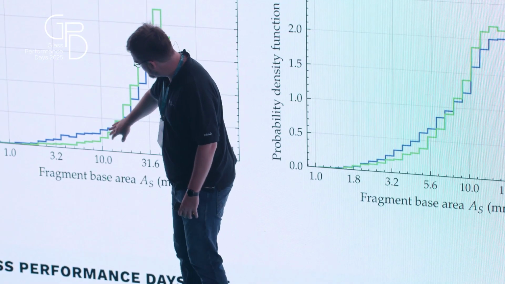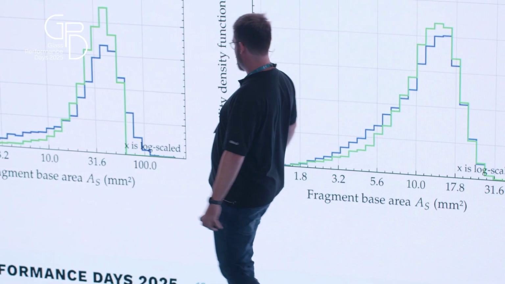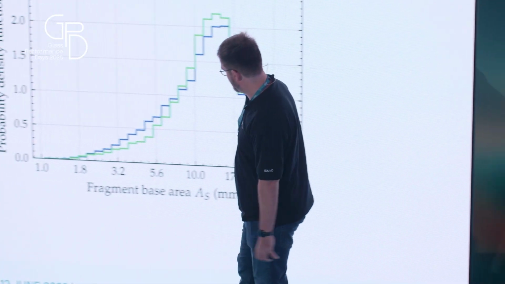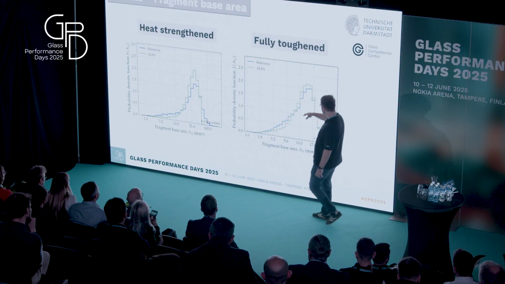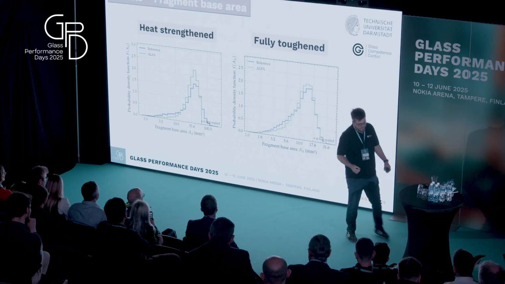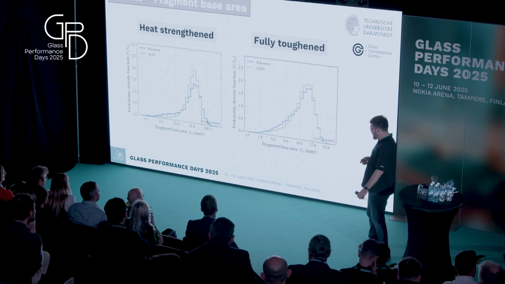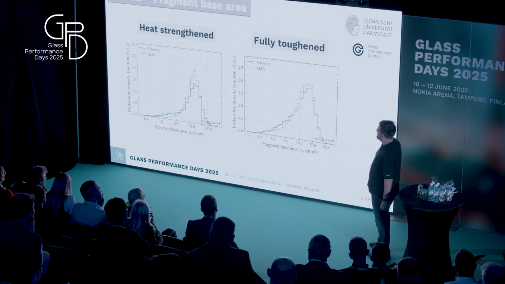We can also capture some smaller fragments and even some larger fragments for the heat strengthened glass. If you're looking at the fully toughened glass, the curvature is hit even better. That's basically because of the reasons I've told you before, that the higher pre-stress levels lead to the negligibility of other factors.